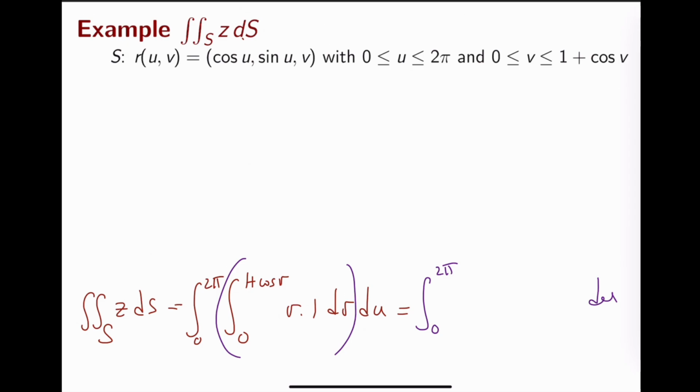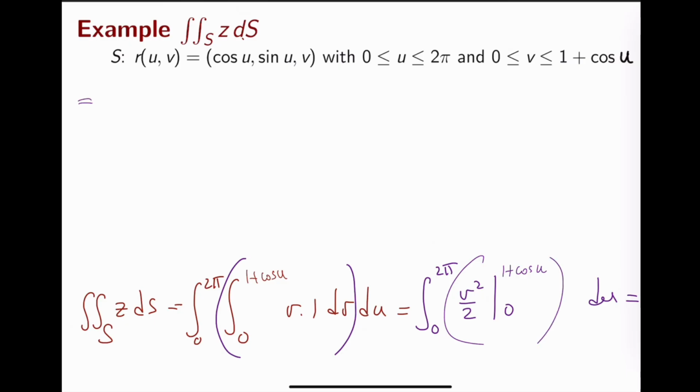The integral of v is v squared over 2, evaluated between 0 and 1 plus cosine of u. Observe here there should be cosine of u. So we do this evaluation.